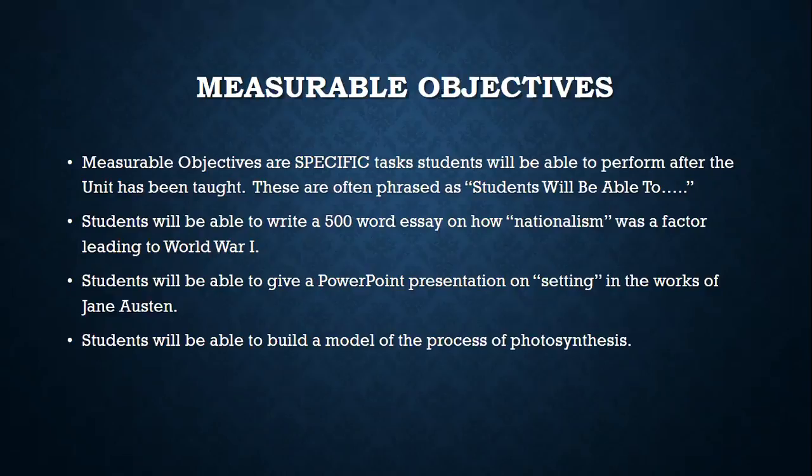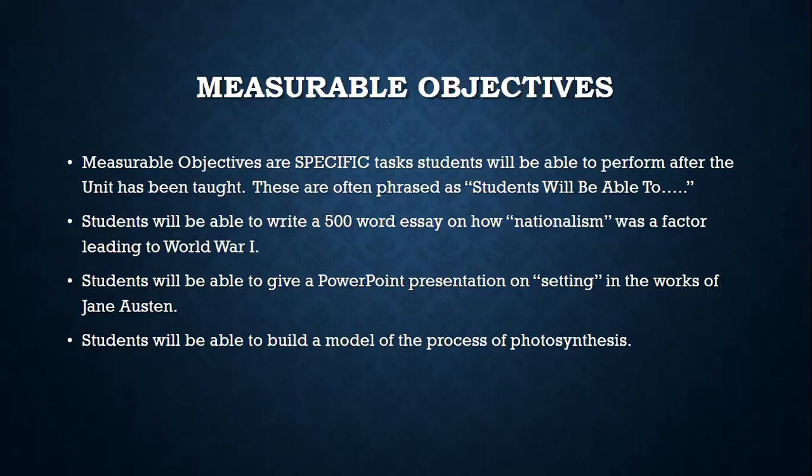Students will be able, for example, to write a 500-word essay on how nationalism was a factor leading to World War I. Notice here that students will have to do a specific task, and that task, a 500-word essay, is measurable. It will be assessed to see how much learning has taken place.